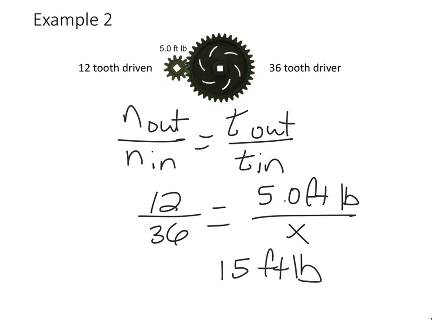All right, so notice 15 is larger than 5. So we're starting out with 15 foot-pounds, and then the smaller gear is only ending up with 5 foot-pounds.